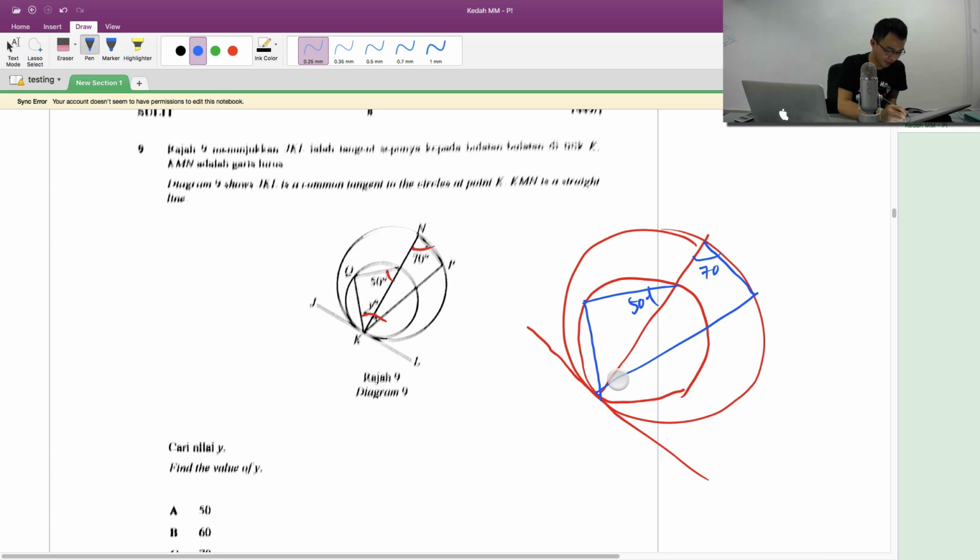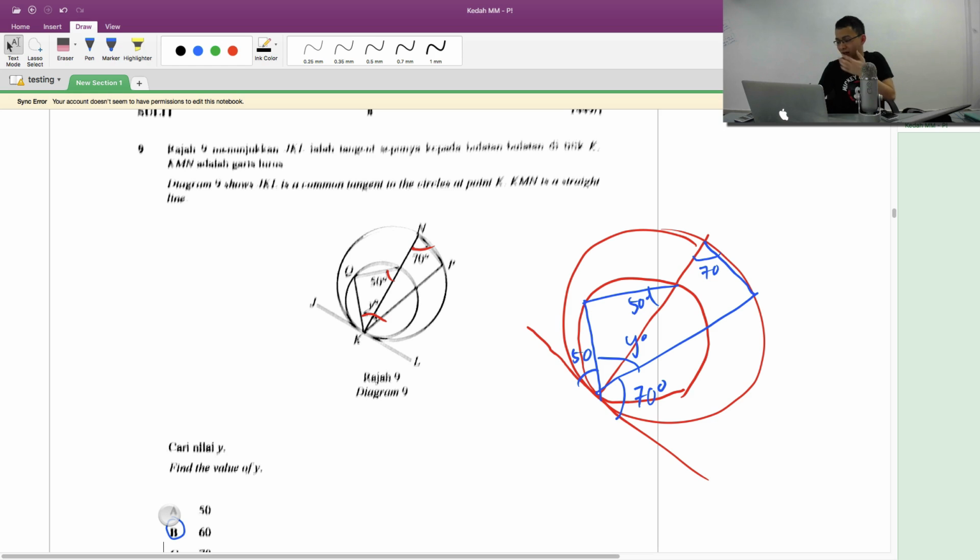Here will be 70 degrees. And if here is 50 degrees, here will be the same. So the total here will be 50 degrees. So the y over here is just 180 minus 120, so it should be 60.